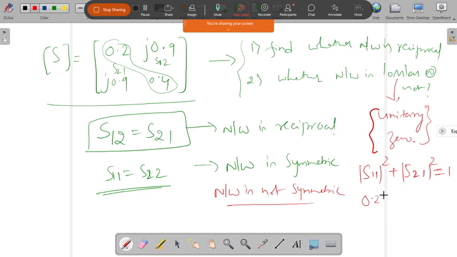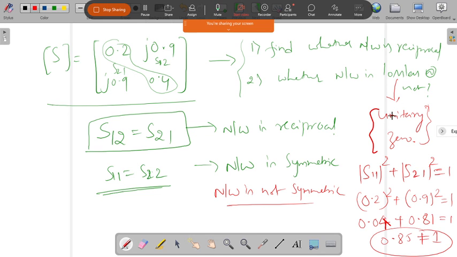It is 0.2 squared plus the magnitude of S21, 0.9 squared, which should equal 1. Now 0.2 into 0.2 is 0.04, plus 0.9 into 0.9, 0.81. The addition is not equal to 1. Since it does not satisfy the unitary property, this network is not lossless.